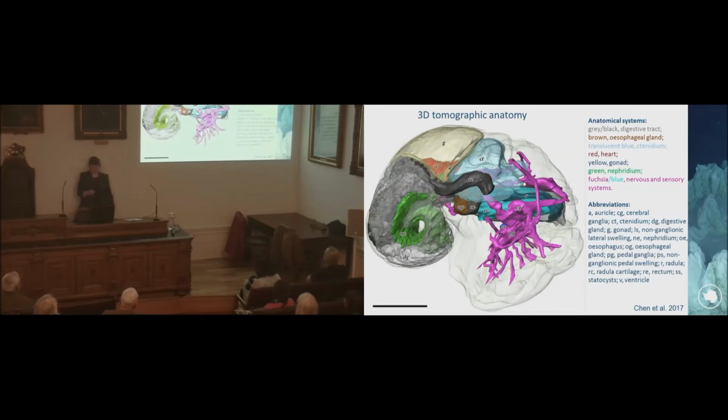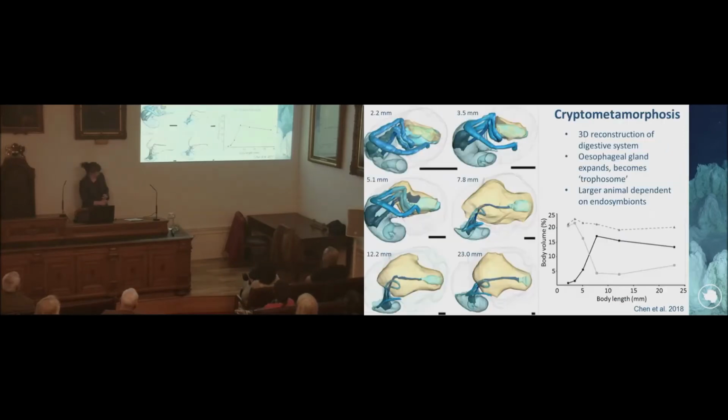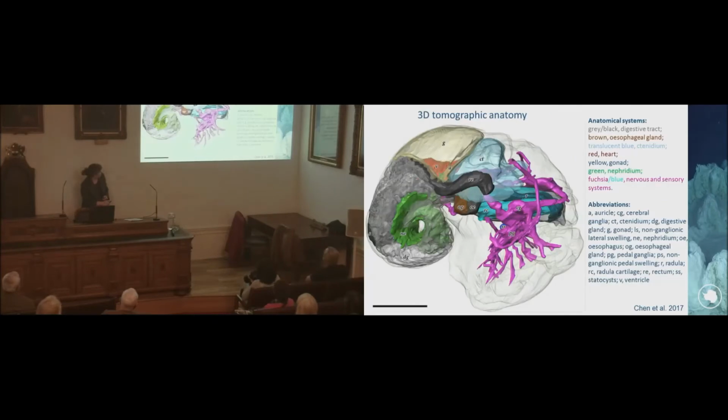So Chong Chen continued working on the Gigantopelta chessoia, and here did a micro-CT tomographic anatomy of the species where you very nicely can see the nervous and sensory system, in red the digestive system, and very interesting here is the esophagus and the esophageal gland.